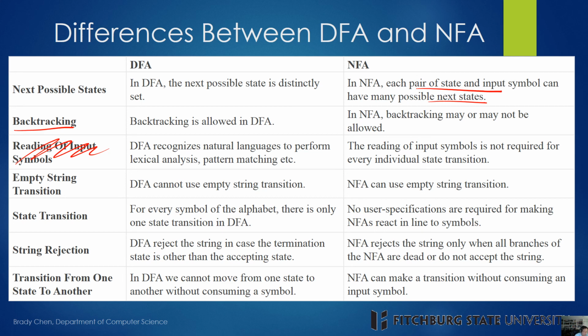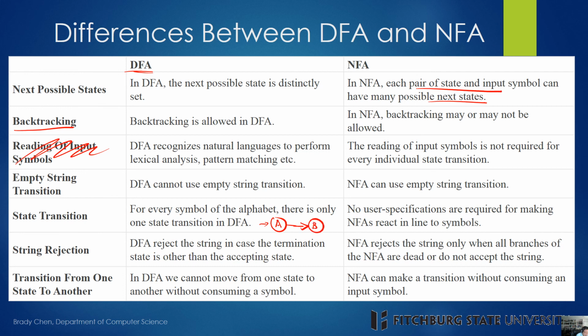Now state transition. For every symbol of the alphabet, there's only one state transition in a DFA. So if the current state is A, then for every symbol of the alphabet, 0 or 1, or A or B, there's only one state transition.